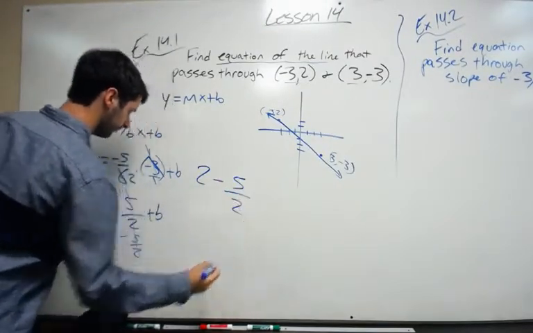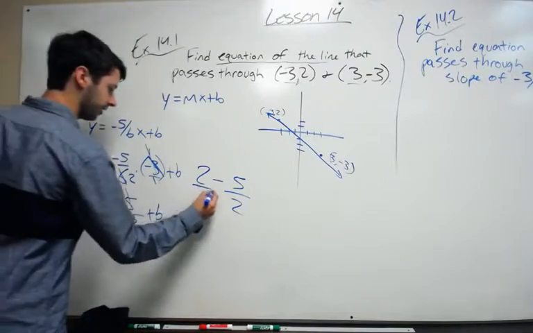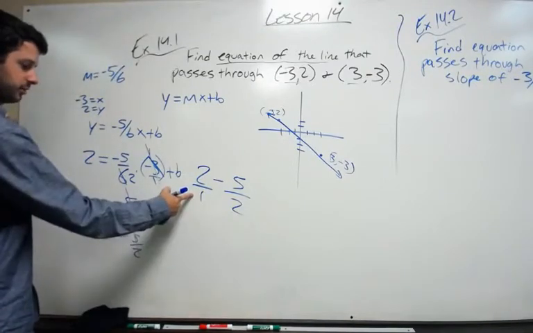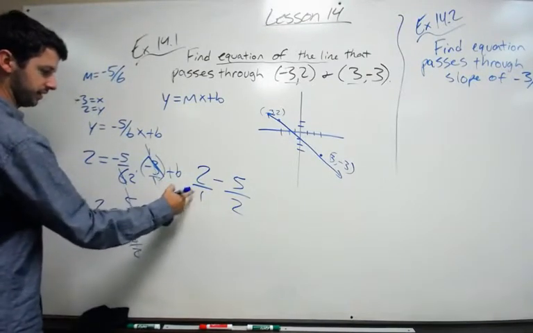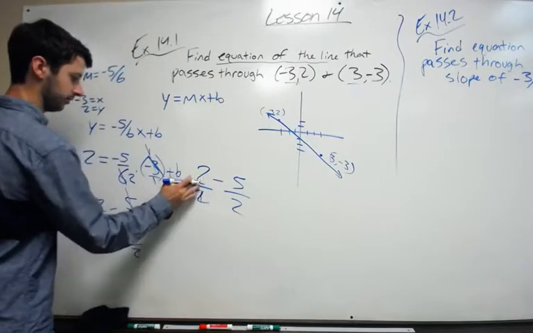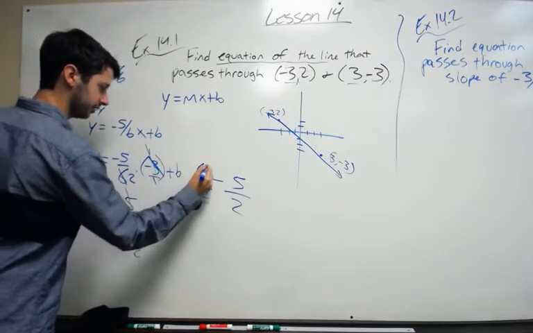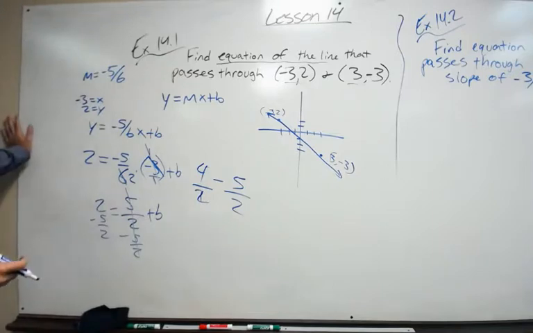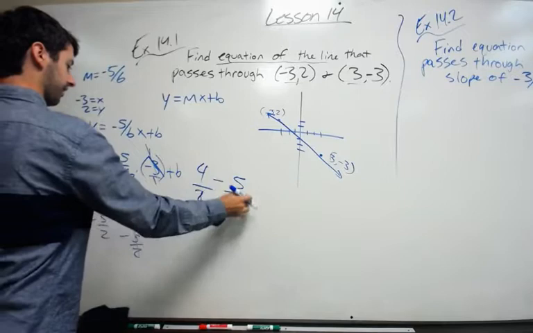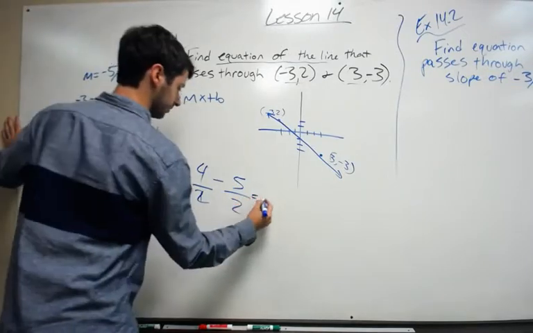Got to get a common denominator. The common denominator would be 2. So we multiply the bottom by 2, and we multiply the top by 2 to make this 4 halves, same as 2. Now we can do 4 halves minus 5 halves equals negative 1 half.